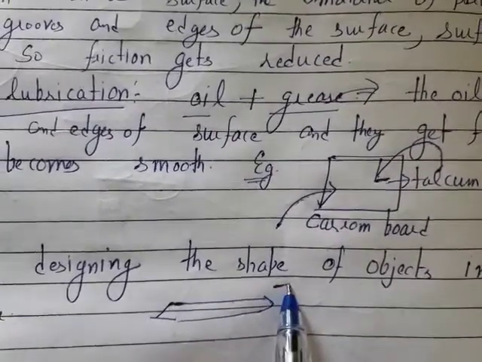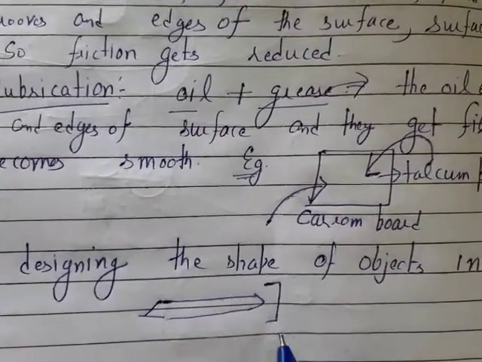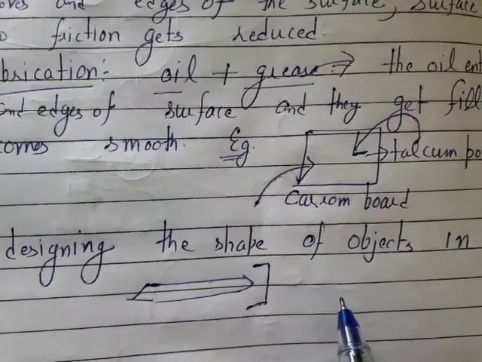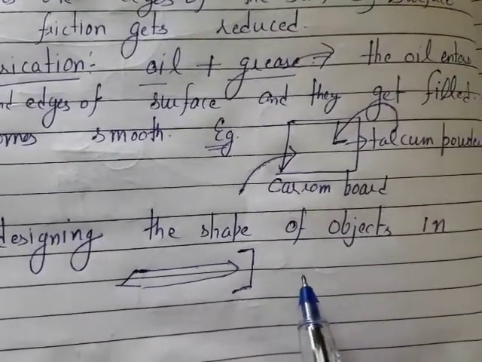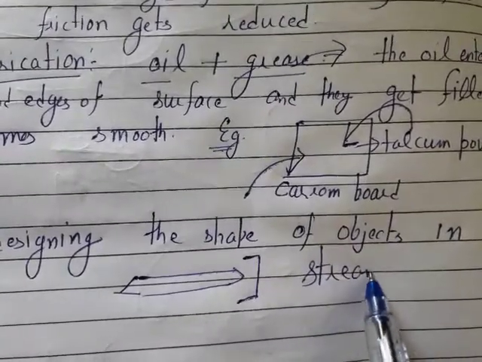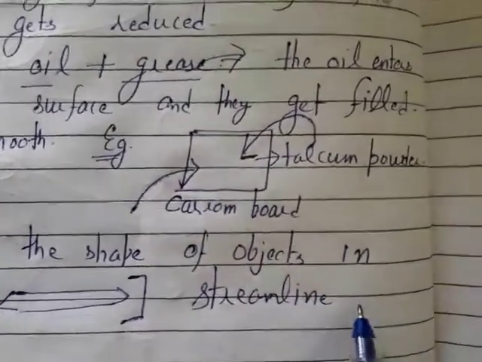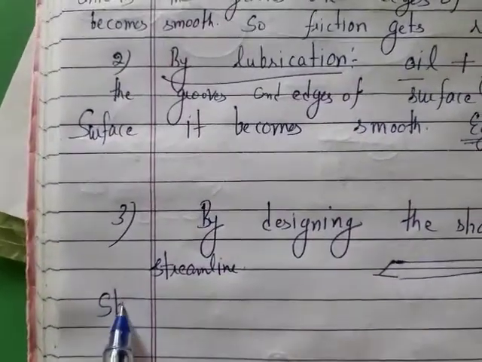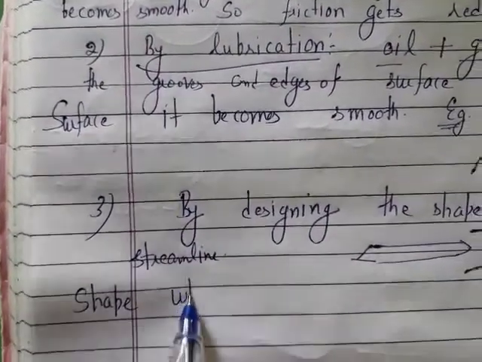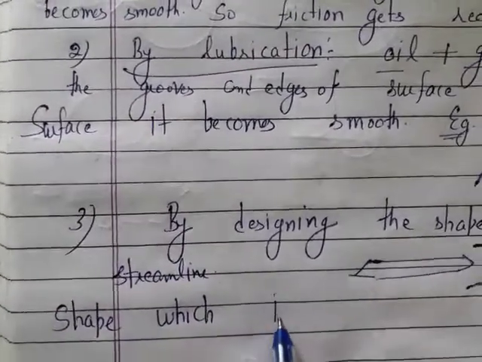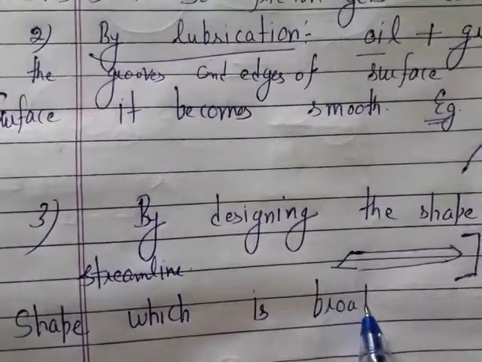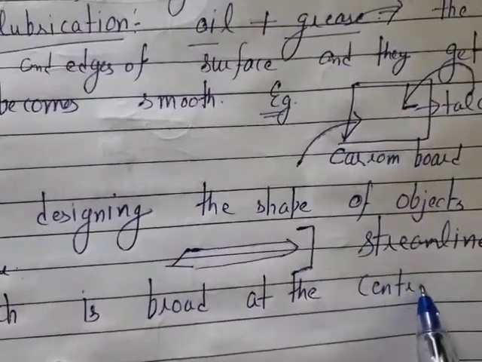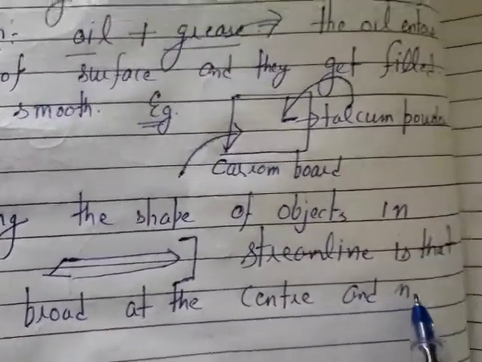So what is the streamlining concept? Streamline is that shape which is broad at the center and narrow at the ends.